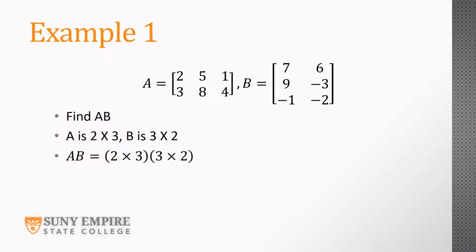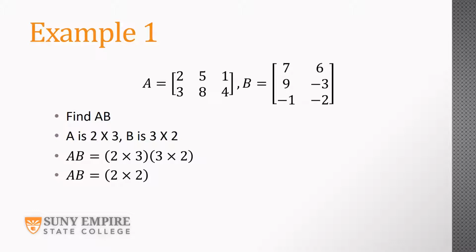Since we want to do A times B, we write the dimensions next to each other in that order. The inside numbers are both 3, so this multiplication is possible. The resulting matrix AB will have dimensions of 2 by 2.